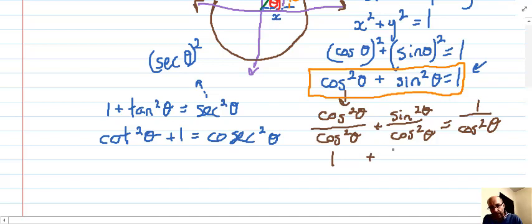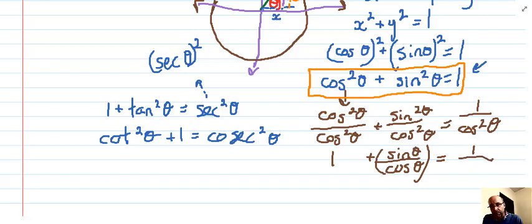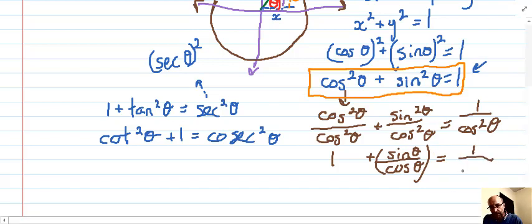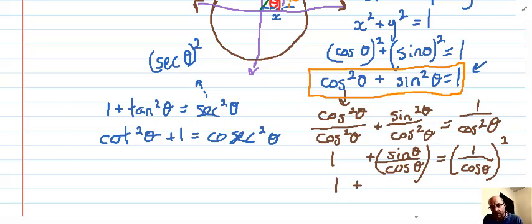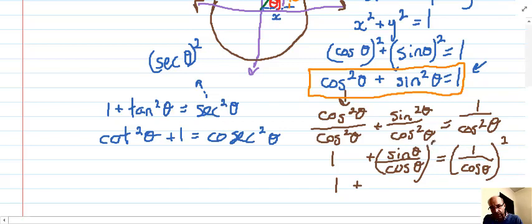That will come out as sine theta on cos theta all squared using index laws, and this will come out as 1 over cos theta all squared, again using index laws, and that would be 1 plus, that should have been a squared there.